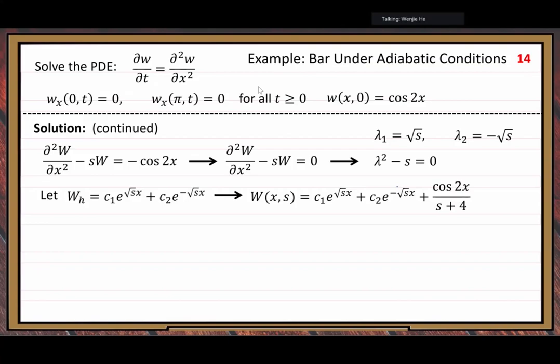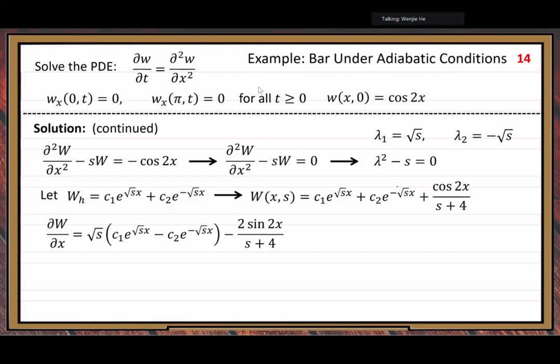So now let's take the Laplace transform, I mean of capital W. We need to go back to the definition of capital W. Based on this form, we can calculate the partial of capital W with respect to x.